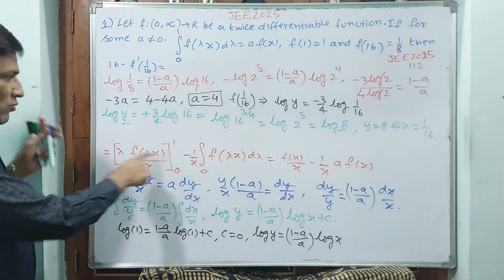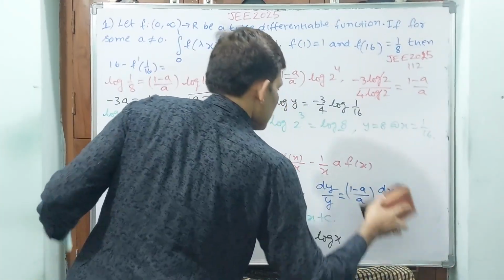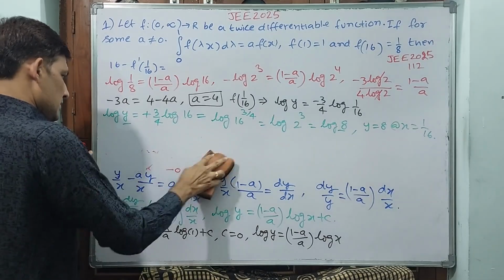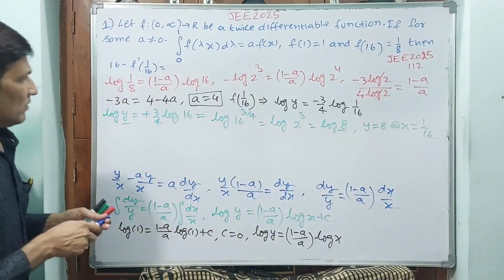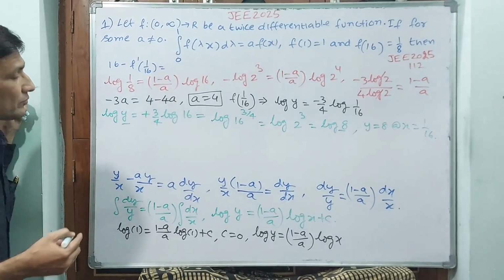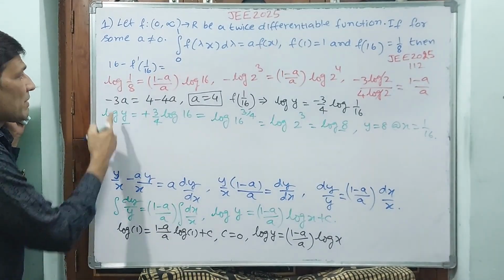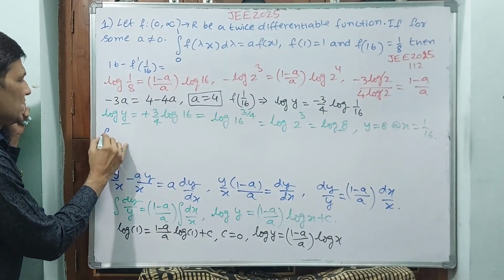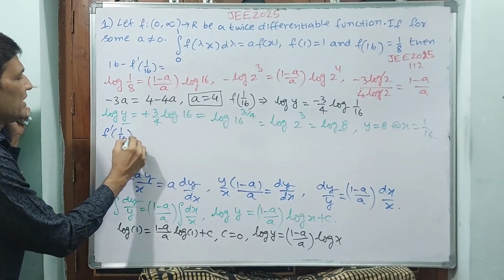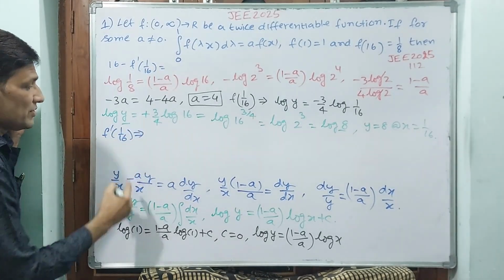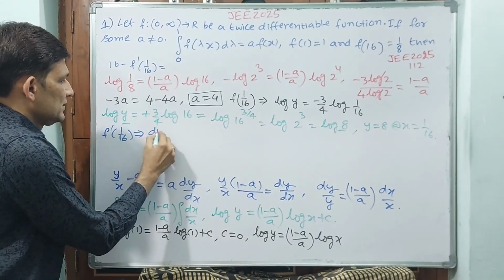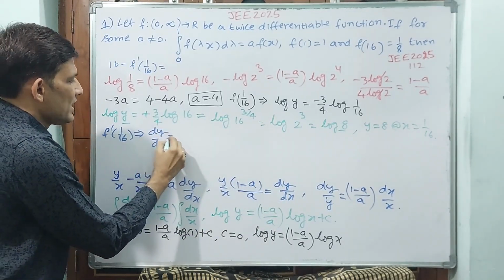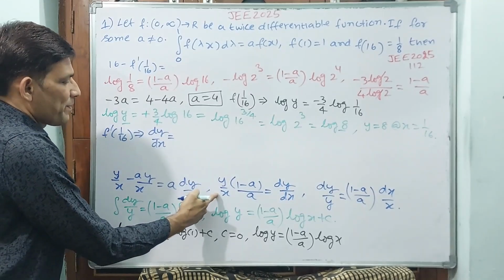Now come back. What I am writing, observe carefully now. Okay, see what I am writing. Now f dash 1 by 16, first you find f dash 1 by 16. F dash 1 by 16 implies dy by dx is equal to y by x times minus 3 by 4, that is (1 minus a) by a.